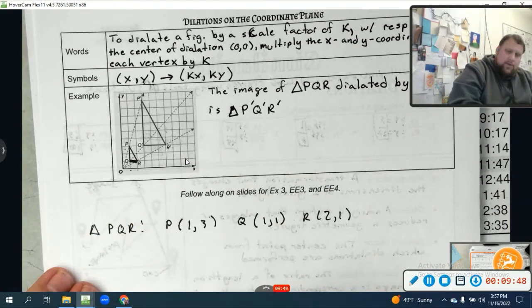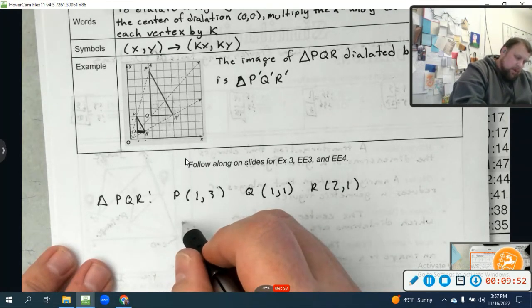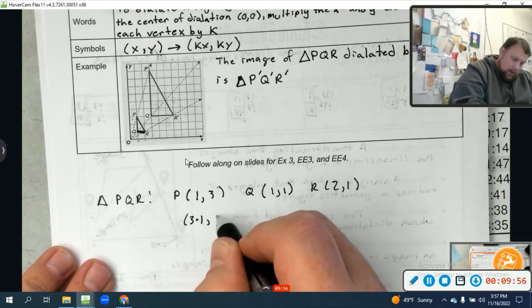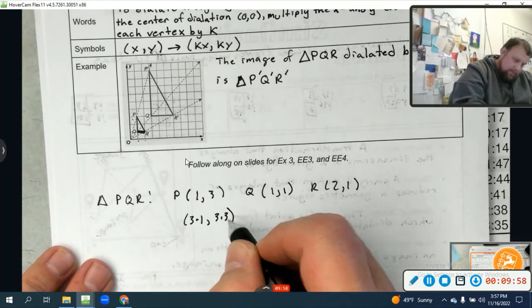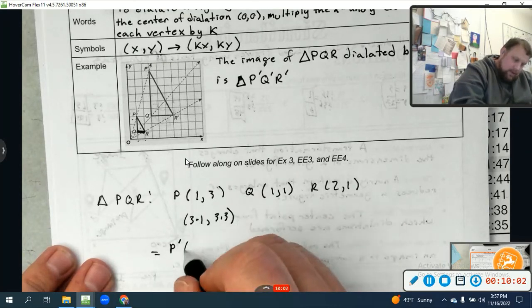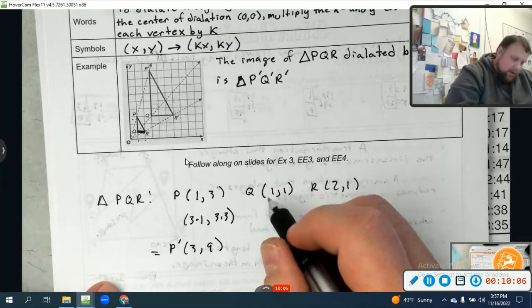And it tells us to enlarge it by a scale factor of 3. That means to get to P prime, I should have 3 times 1 and 3 times 3. Therefore, P prime is 3, 9. That's the new point. And let's do it with all of them.